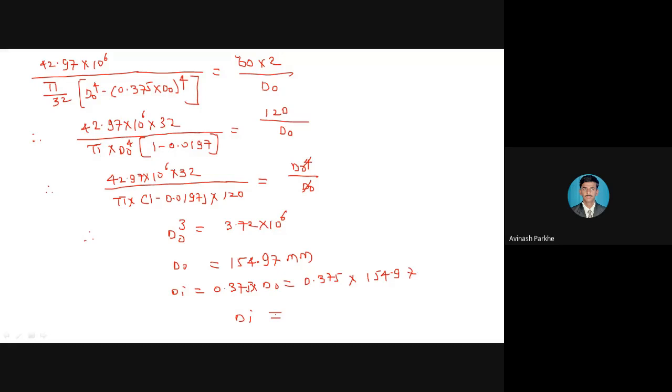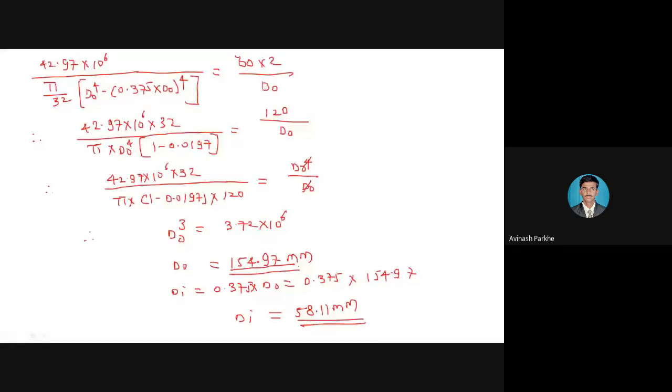Correct. 58.11 mm. So this is the internal diameter, and this will be the external diameter. Others, please check your answer. External diameter is equal to 154 point something, and internal diameter is equal to 58.10, 58.11. All the answers are accepted. So these are the diameters we have calculated by using the shear stress.